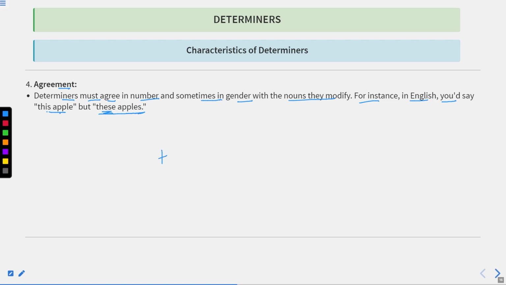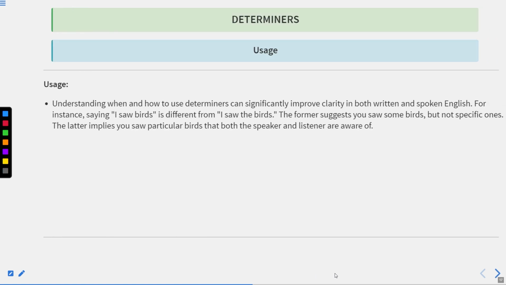You cannot say these apple. This will be incorrect. Why so? Because we should use determiners according to the number of the noun. For example, I can say a boy, but if I say boys, I cannot use a before. Now let us move to the next one.